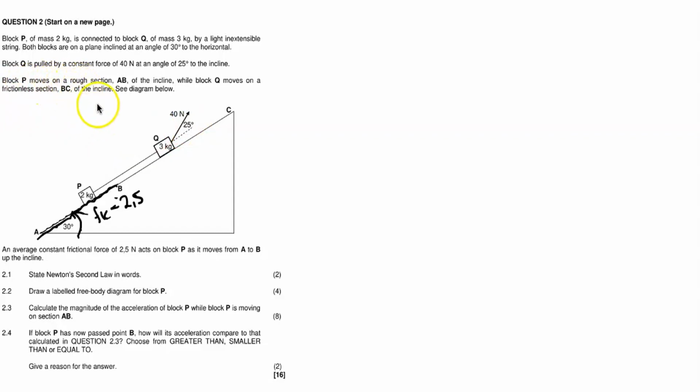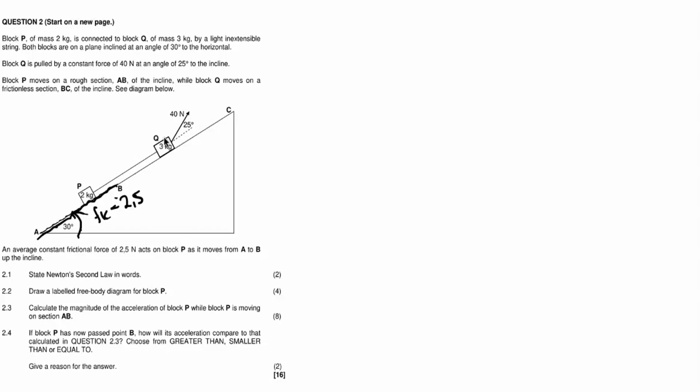Block P moves on a rough section, so they tell us that this is a rough section, so we definitely have friction. That is section AB of the incline, while block Q moves on a frictionless section BC. So BC we do not have friction, so when we deal with this block Q we won't be including friction as one of our forces acting parallel to the slope of the incline.